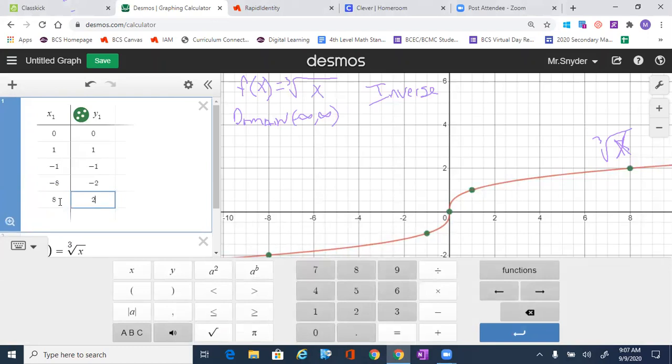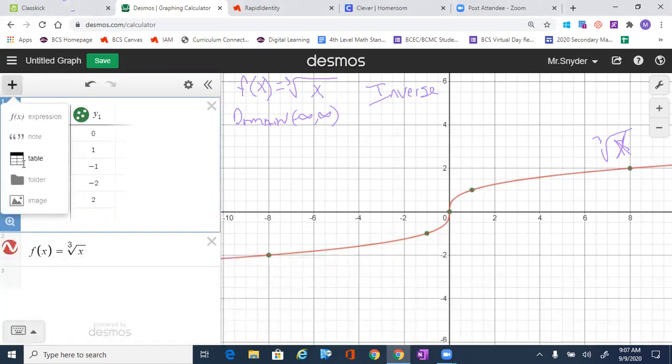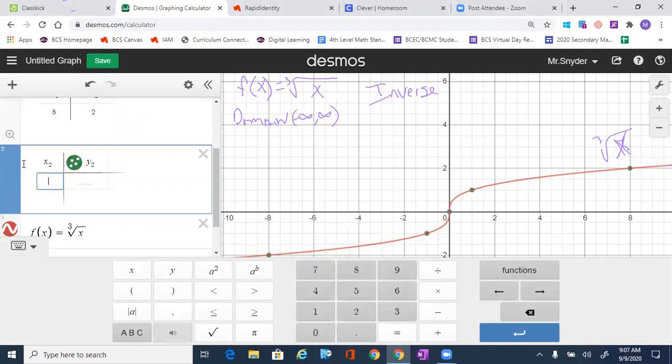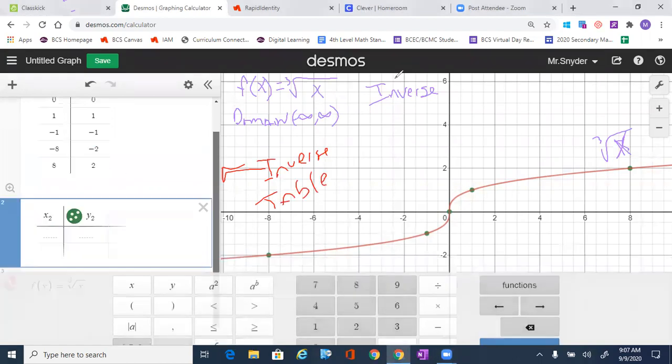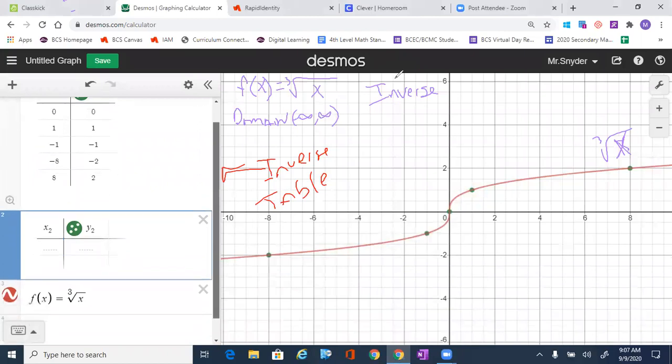So I'm going to go ahead and make an inverse table. I'm going to add a table, and let's do the inverse table, which is right here. And I'll write that here, inverse table. When we do the inverse, one of the things that we learned, or should have learned by now, is that all we got to do is flip the points around. So the inverse is just the flipping of the domain and the range.